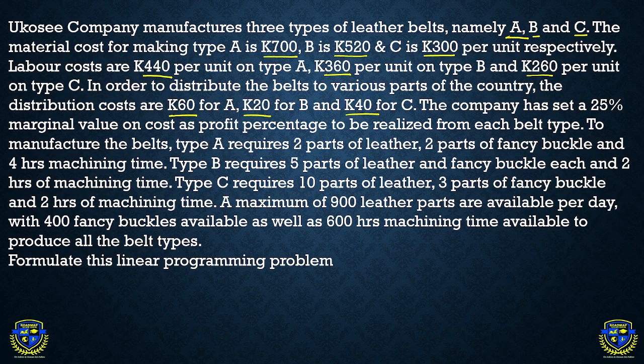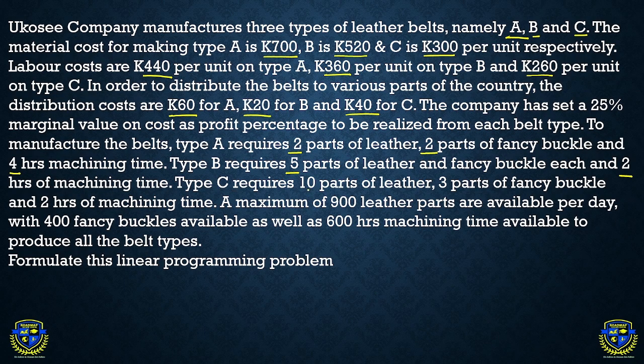To manufacture the belt, type A requires 2 parts of leather, 2 parts of fancy buckles, and 4 hours machining time. Type B requires 5 parts of leather and fancy buckle each. Then we have got 2 hours of machining time.